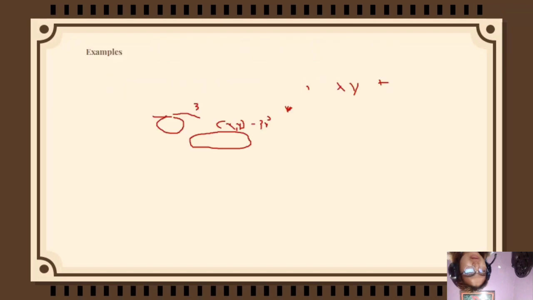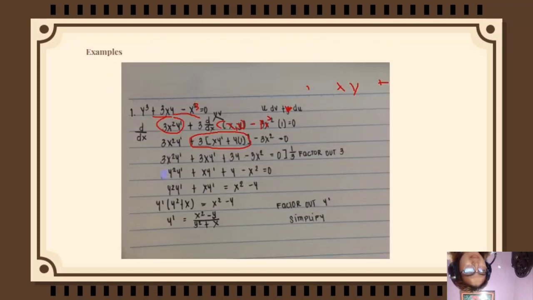Okay, kaya naman natin ito. Lagyan na lang natin. So, y cube plus 3xy minus x cube is equal to 0.